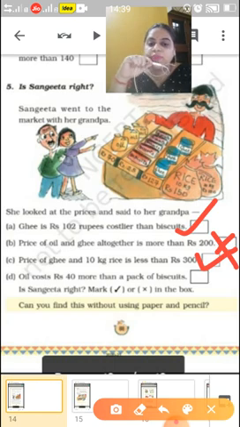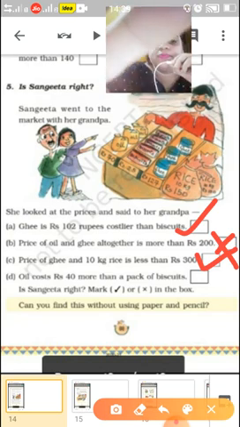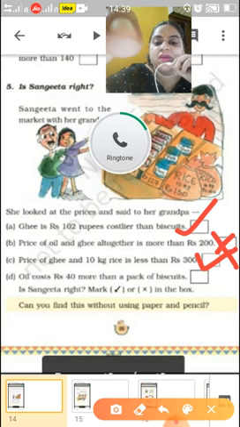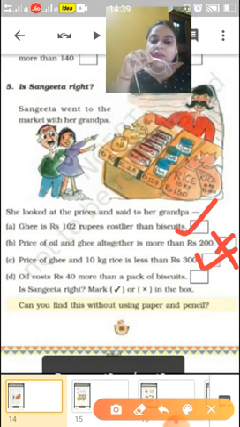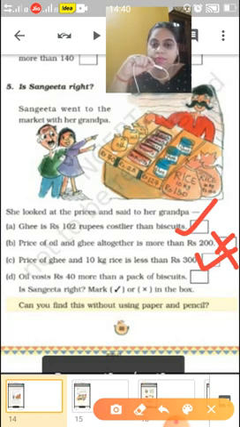Oil costs rupees more than a pack of biscuits. So can you find this without using paper and pencil? So children, yes, we can find. Oil costs how much more than a pack of biscuits? Sangeeta says it is right. So children, it is wrong.